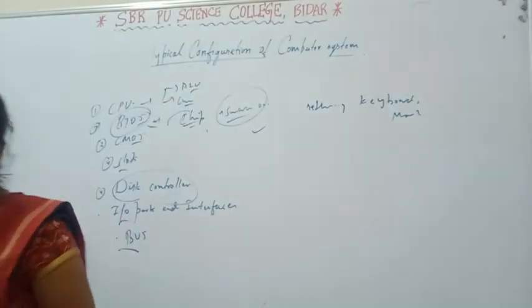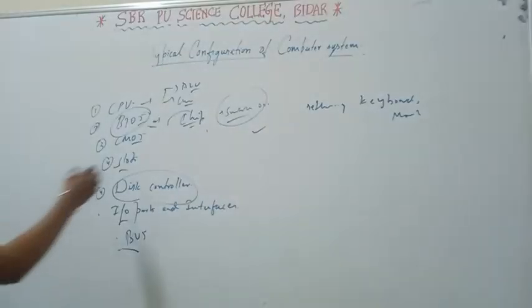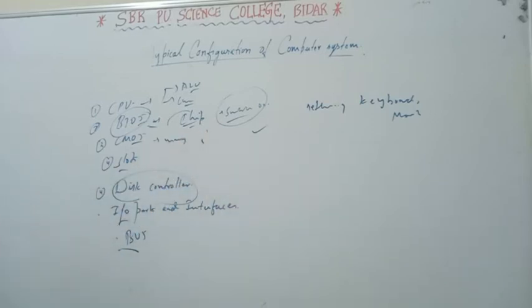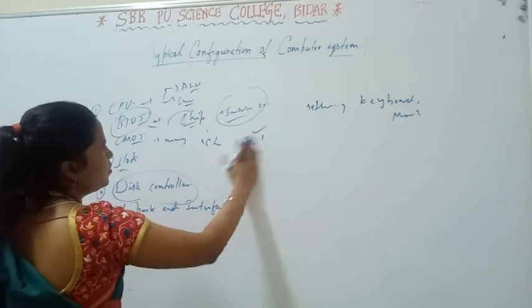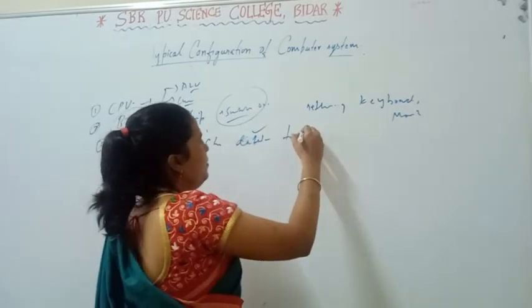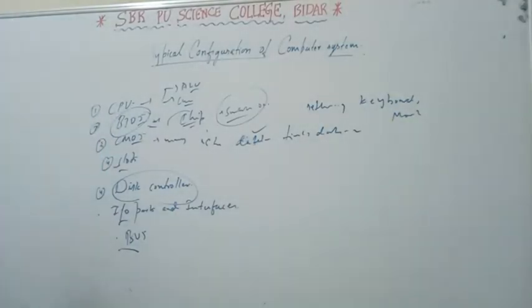Okay. Next, what is CMOS? CMOS is complementary metal oxide semiconductor. This is a type of memory which stores data like time, date, year, etc. So this is a storing device, right?